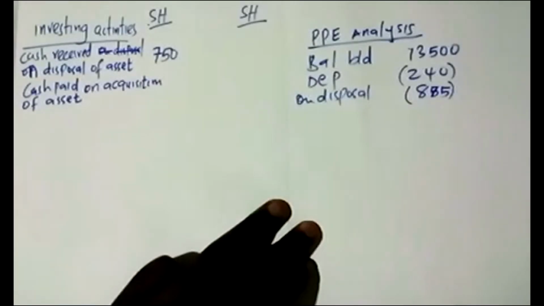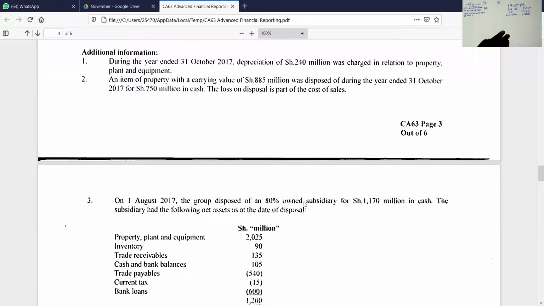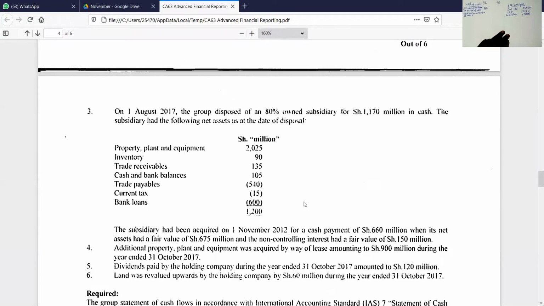So it is 885. After that, we talk of another item. We move to Note 3. In Note 3, there was a subsidiary which was disposed. This subsidiary was having property, plant, and equipment of 2025.